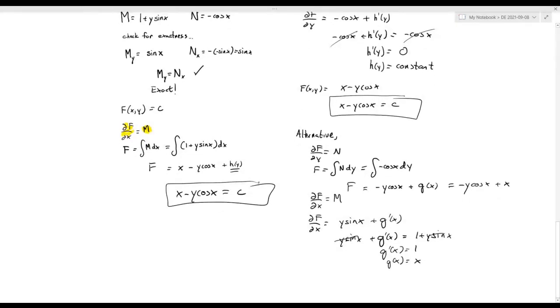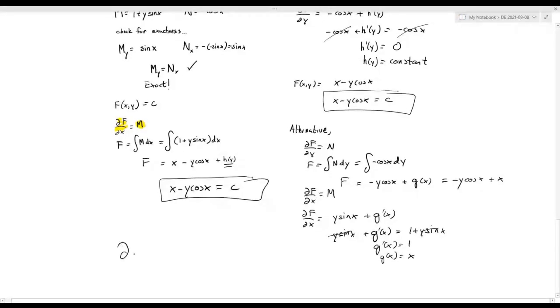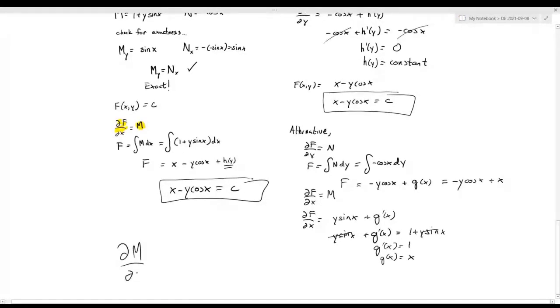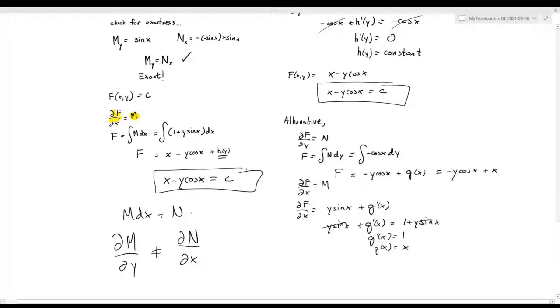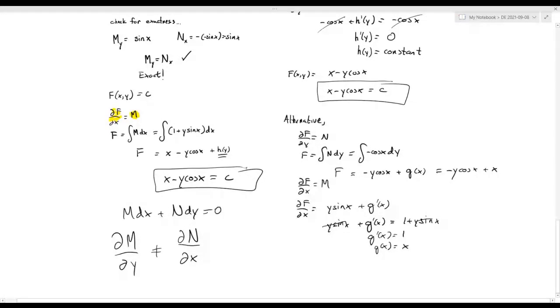Okay, so of course the question arises, as you've probably seen in class, what happens if the derivative of M with respect to y does not equal the derivative of N with respect to x in our differential equation? That is to say, what if our differential equation is not exact?